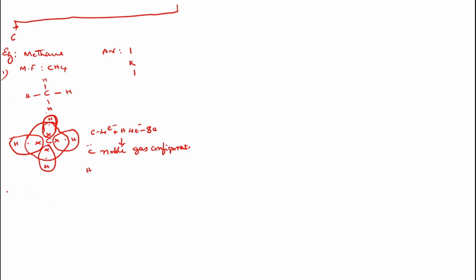Now we will see the second example. So, electron dot structure of ethane. Ethane we will see. See, ethane has the molecular formula C2H6.